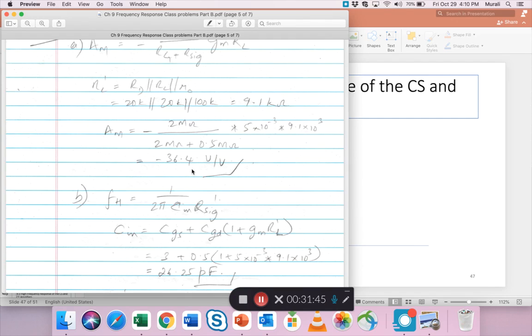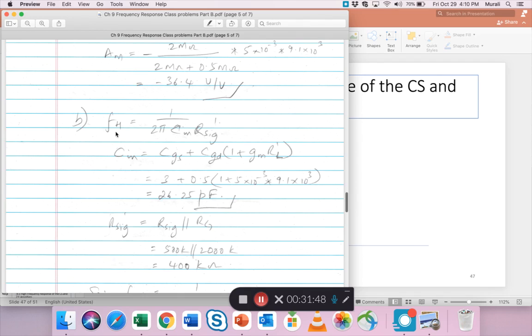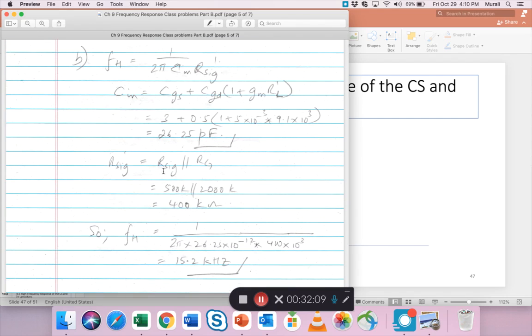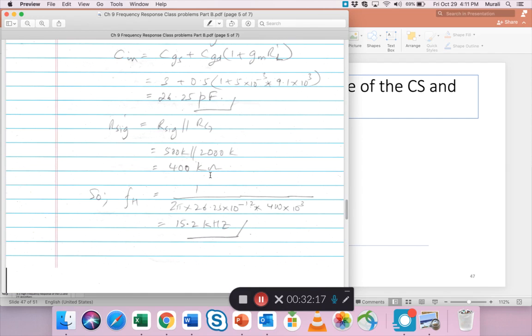AM is minus 36.4. Part B, FH is 1 by 2 pi C in R sigma prime. C in is CGS plus this, which is the Miller multiplier. So that comes out to be 3 plus 0.5 into this, which is 26.25 picofarads. R sigma prime is R sigma in parallel with the gate biasing resistor, so that comes out to be 400K. You plug everything into FH and you get 15.2 kilohertz.